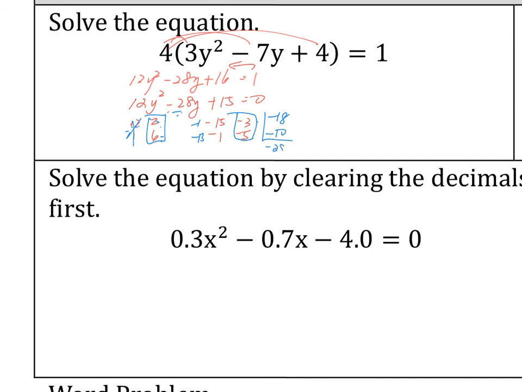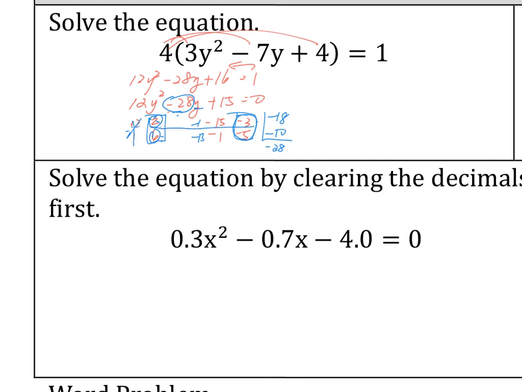Ooh, negative 28. So here, negative 28 is equal to the coefficient of y. So after looking at all these problems, you'll notice that usually it's better to work with smaller numbers or smaller factors. Okay, so now we're ready to factor.